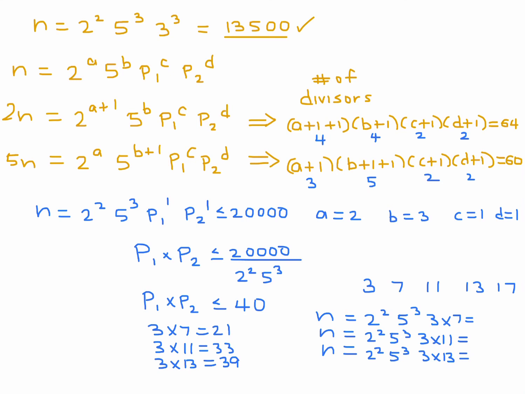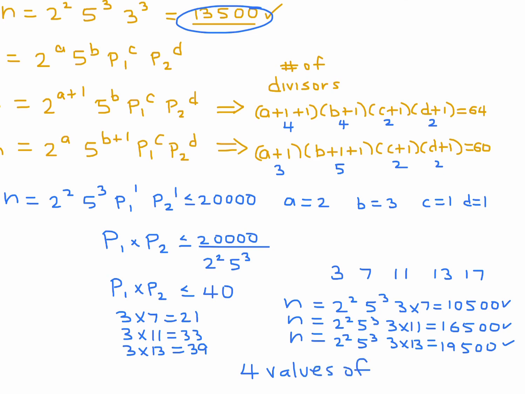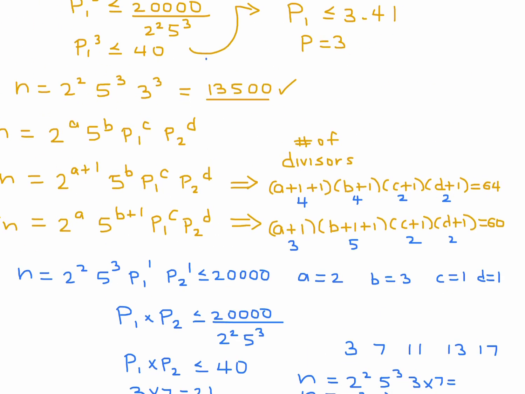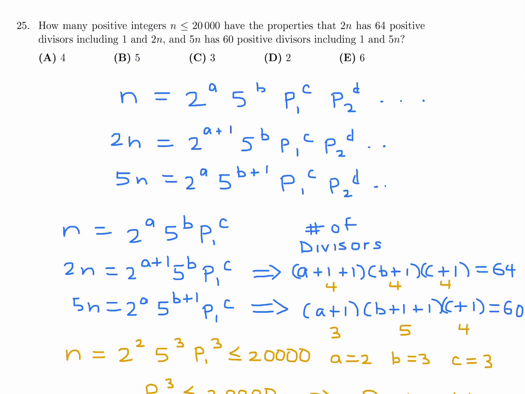They are 10,500, 16,500, 19,500. So there we go. I got 1, 2, 3 additional n's, and then we add it to that, so it gives me 4 possible values of n. 4 values of n is the answer, so therefore this challenging question, number 25, the answer is A.